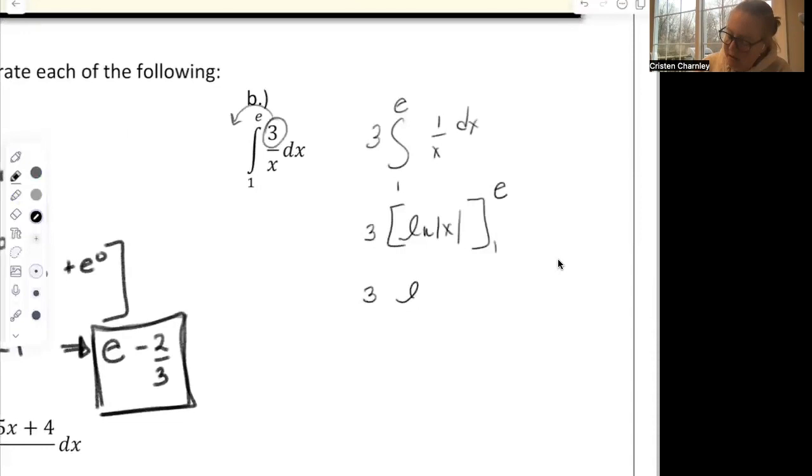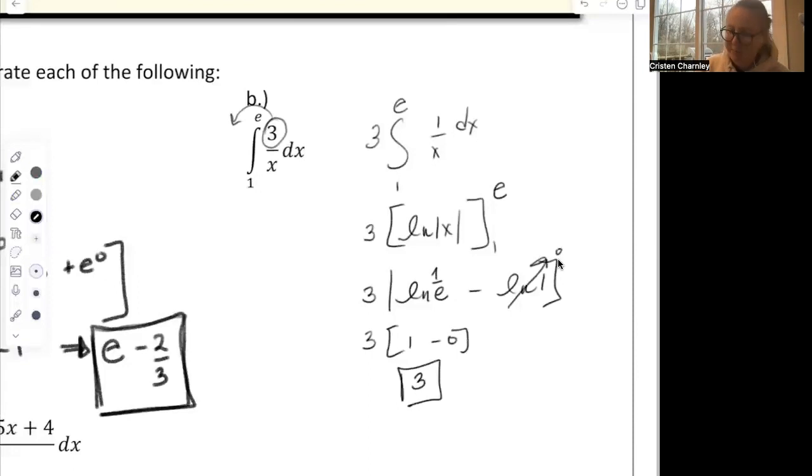So 3 times natural log of e minus natural log of 1. A few log rules here to keep track of. Natural log of 1 is equal to 0. Natural log of e becomes a 1. So this is 3 times 1 minus 0. So our answer is going to be 3. Good.